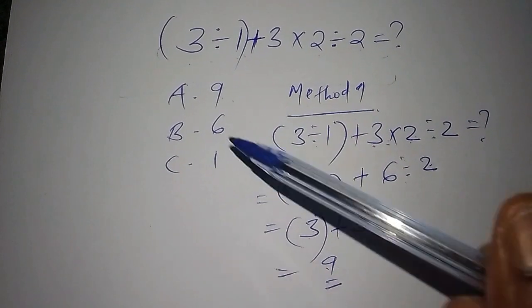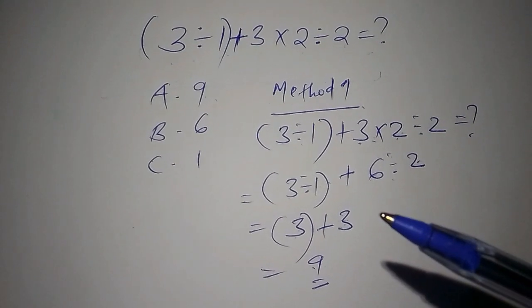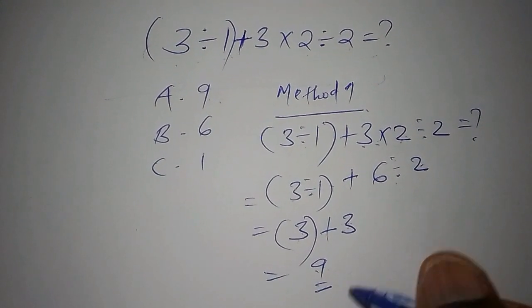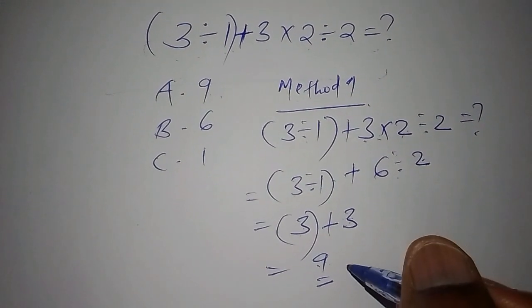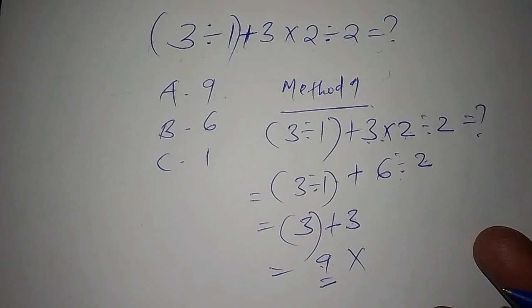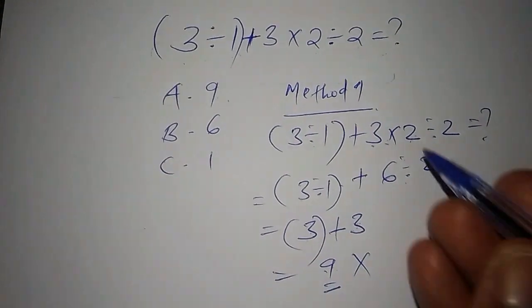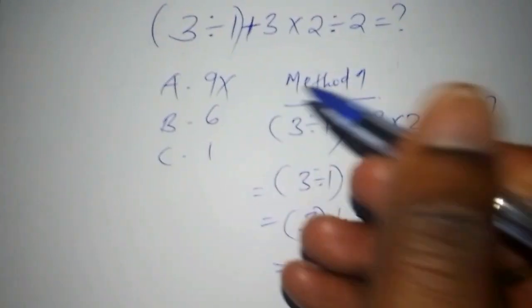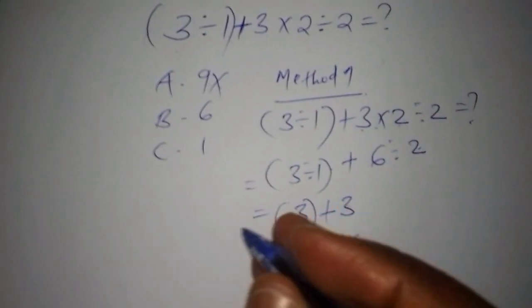Not only him, but a number of people got it as 9. So based on the method that was used, we can rule out 9 as the correct answer, because when we see from the choices there's 9, we can agree that the answer might not be 9. Okay, so let's now move to method 2.